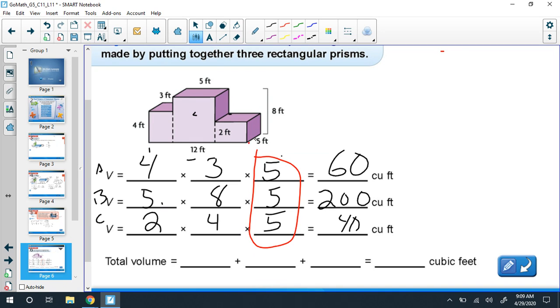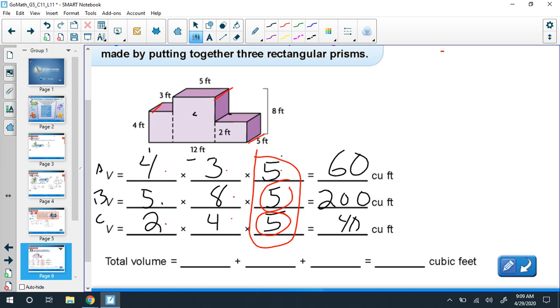We multiplied, all of these had the same measurement from the front to the back. They were all multiplied by 5. So because of that, another way that we can do this is instead of saying 4 times 3 times 5, and then 5 times 8 times 5, and 2 times 4 times 5, we're multiplying all of those times 5.